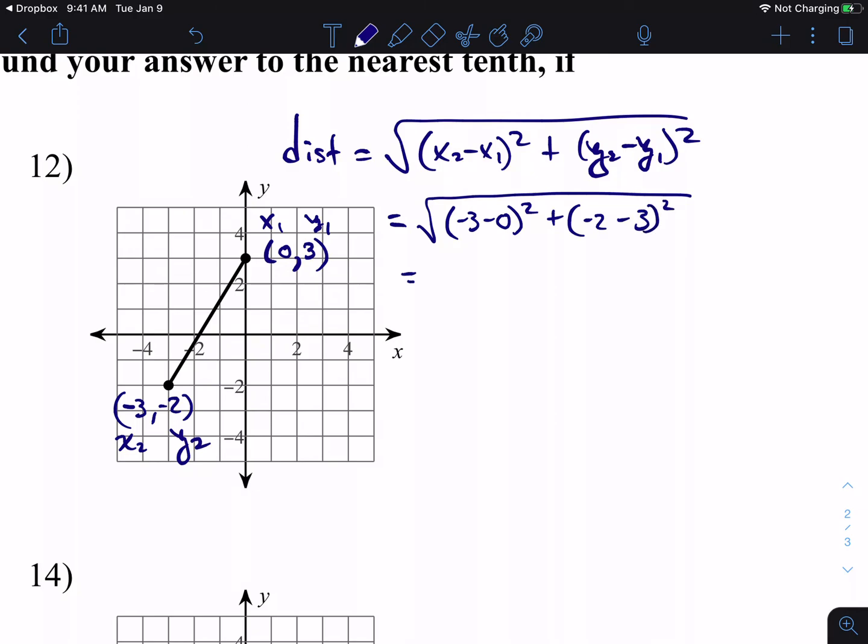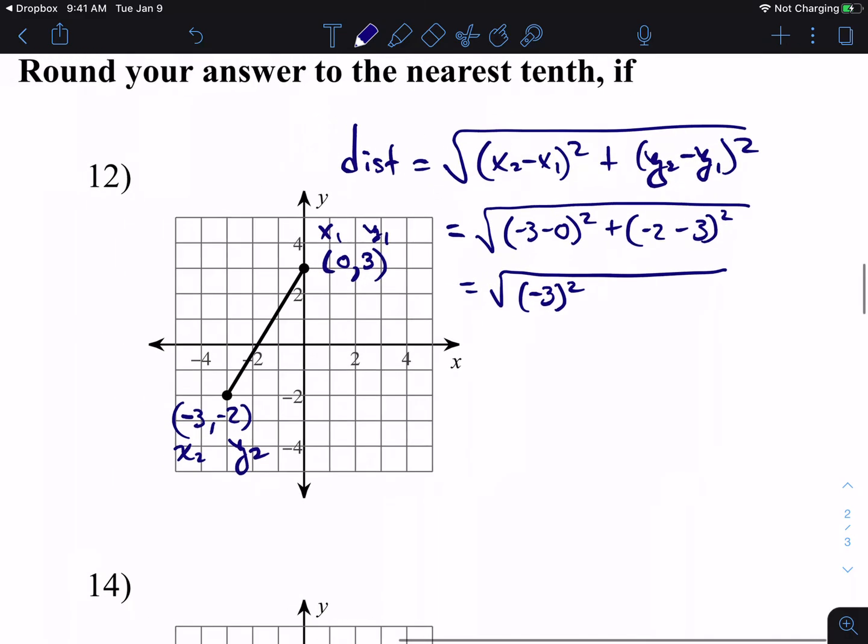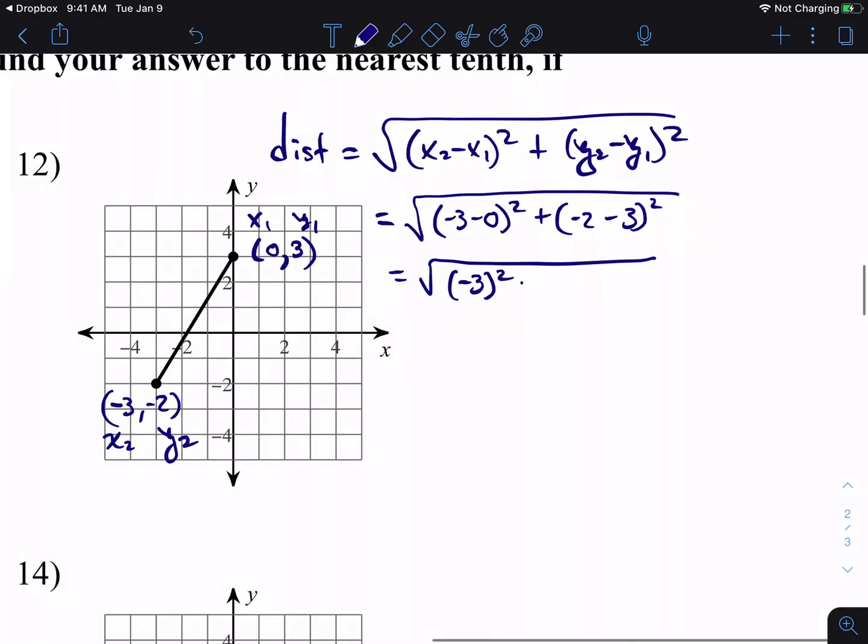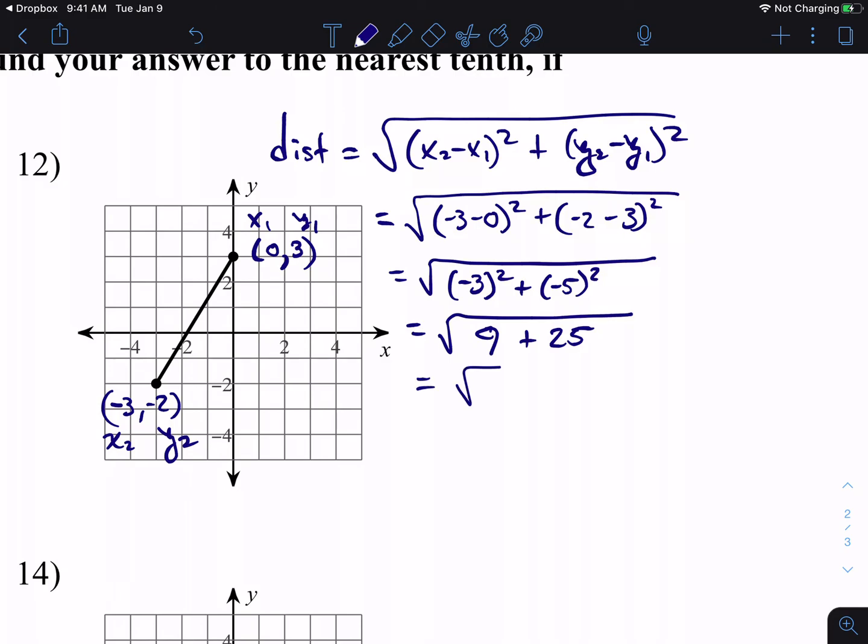So this becomes -3 squared plus -5 squared. Negative times negative is positive, so that turns into 9, plus negative times negative is positive, so this turns into 25. When we add those together, I have the square root of 9 plus 25, which is 34, the square root of 34.